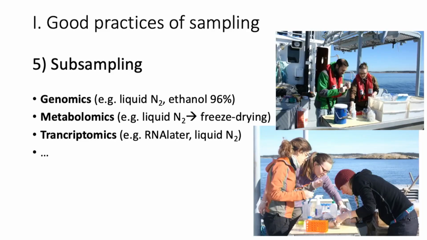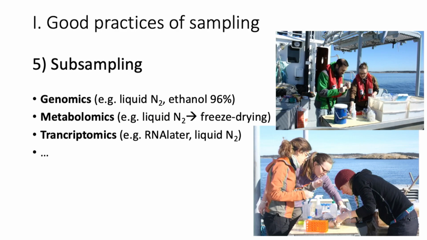Once you're on the field, for the same organism, sometimes you will need to subsample for different types of studies. Some people will want to do whole genome sequencings, but maybe some people will like to get additional data from that same organism. That could be metabolomics. It could be transcriptomics, just like Olga also said, having the RNA-seq is important for the whole genome sequencing.